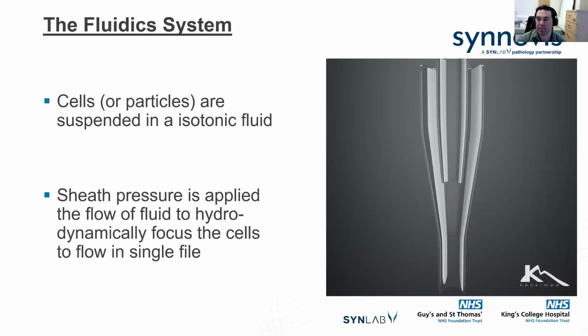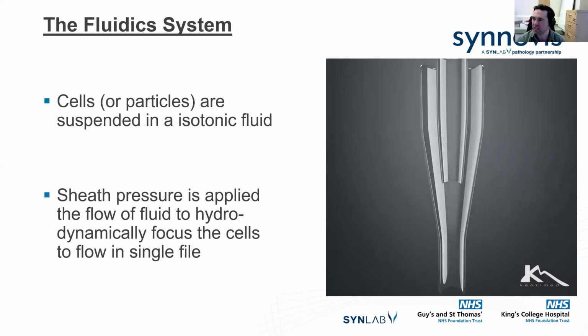So yeah, the fluidic system itself: we analyze cells that are suspended in an isotonic fluid. We pass those through a flow cell, and we apply pressure to this stream of sample as it comes through our flow cell, and we squeeze it so that we have one cell passing through at a time, and the laser can hit that one cell.